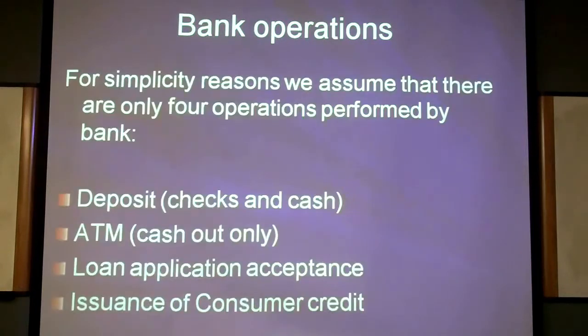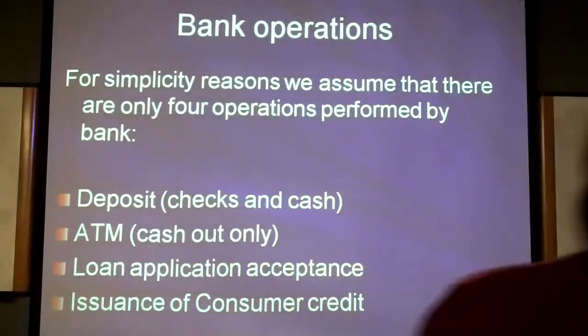Now, we should focus only on these 4 operations in the bank. A bank branch can deposit money, so it can accept cash and checks, do ATM functions, cash out, accept loan applications from the customers, and issue consumer loans. Well, limited to these 4 operations, but you should realize that in reality, we may have more operations like these 4 listed here.